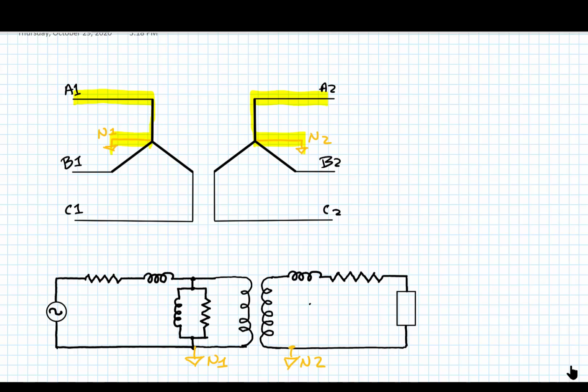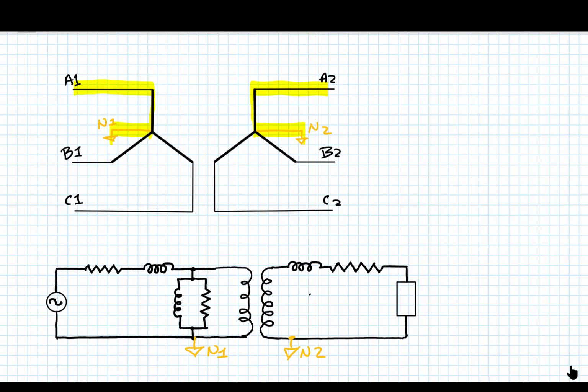To illustrate what I'm talking about, I have this single-phase equivalent circuit for the transformer.